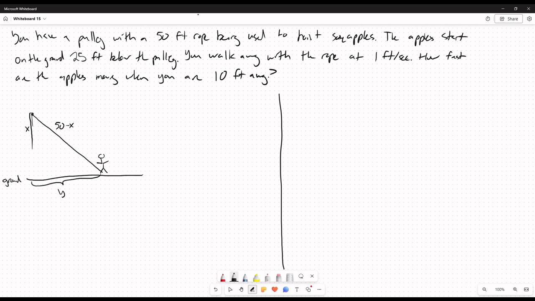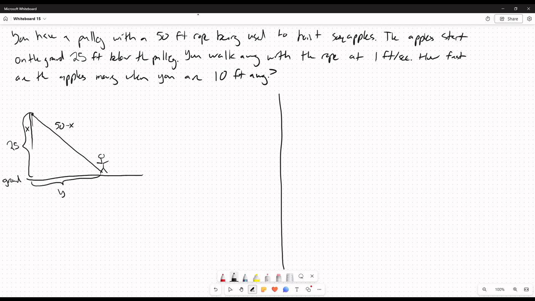You'll notice that x doesn't stretch all the way down, so this isn't exactly a Pythagorean theorem problem yet. But what we want to notice is that the apple started on the ground, which was 25 feet below the pulley. So even though the distance between the apples and the pulley is changing, the distance between the pulley and the ground isn't changing. And moreover, that is the missing leg of my right triangle.